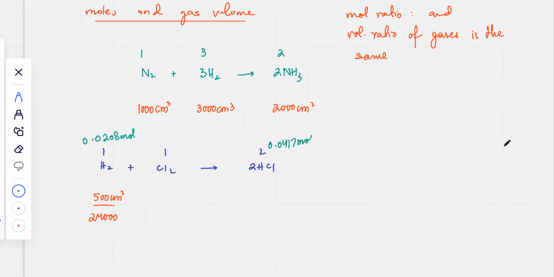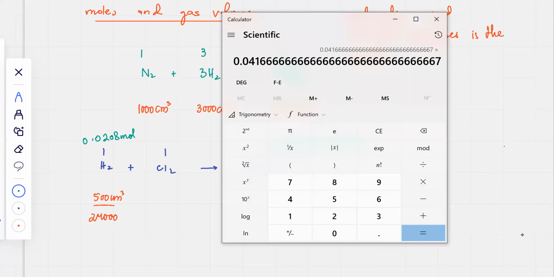Now I have the moles. I multiply by 24 dm cube to find the volume, or 24,000 cm cube to find the volume in cm cube. If I do that, what do I get? I'll multiply that by 24,000 and I get 1,000.